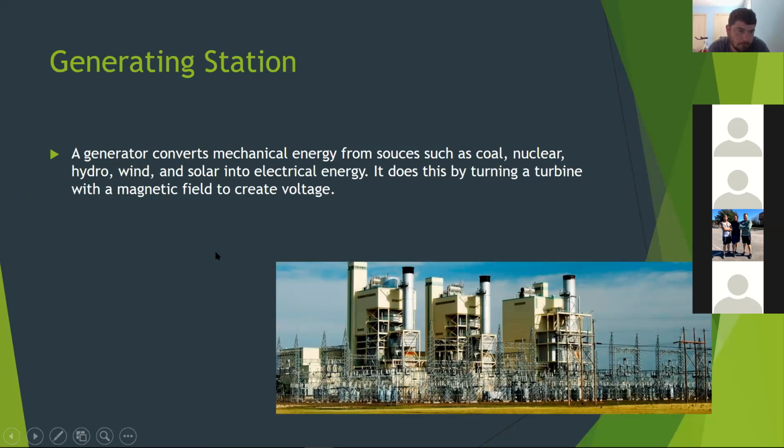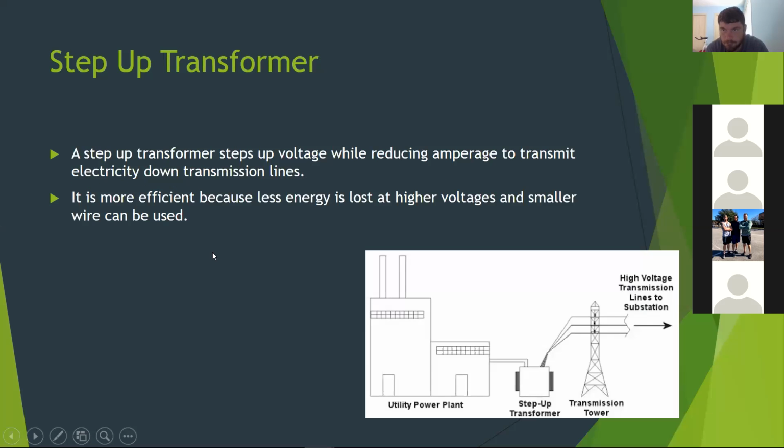They'll use that to turn a turbine with the magnetic field to create the voltage. With our step-up transformer, after it comes out of the generator, you'll step up from a lower voltage to a transmission voltage. That way it's more efficient. You can use smaller wire. Don't have to have giant wire that you can't even get up in the air. It's a lot more cost effective.